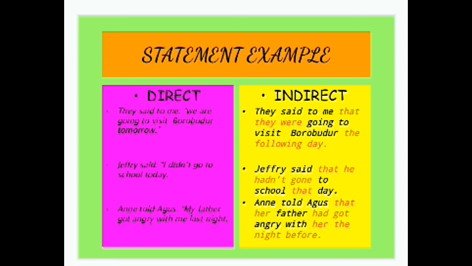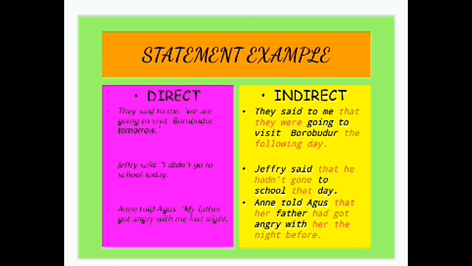So here the direct sentence is given. They said to me, "We are going to visit Borapur tomorrow." In indirect speech: they said to me, connecting word that, they were going to visit Borapur the following day.